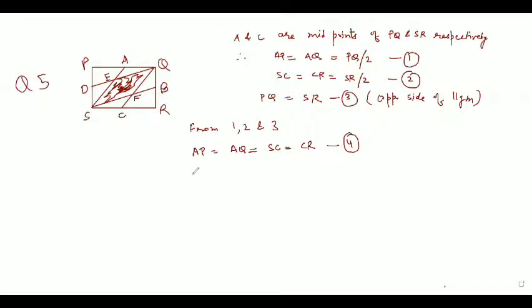Now, in triangles APS and CRQ, AP equal to CR, using the fourth statement.